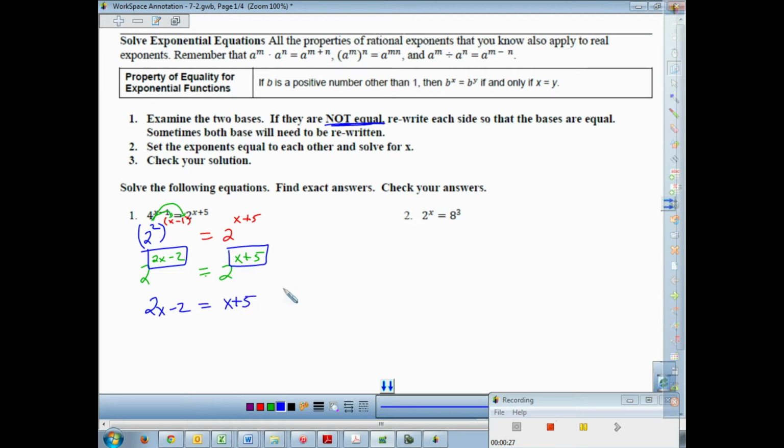Because they are rewritten with the same base, now we must get the exponents to be the same thing for them to be equivalent. So solve for x. So x minus 2 equals 5, x equals 7. Correct? Now we get to do the fun part. Check it. Let's see if it works.